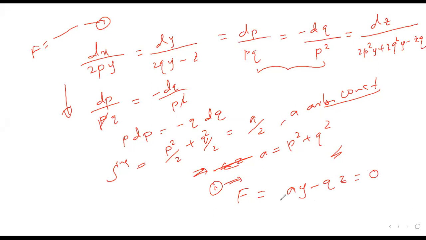From this, what is our q? q will be ay over z. I'm just taking this side and getting ay over z, because we want to find some relation here. I'm going in the order, so you can check it against our working rule.